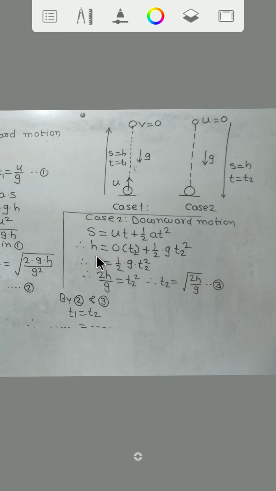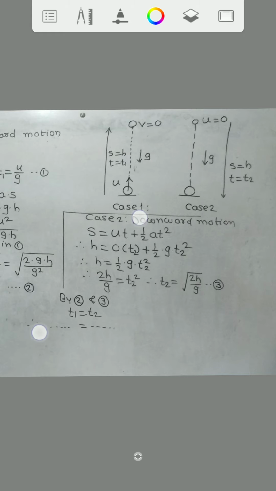Put these values, and we get h = ½gt2², where t2 is the time required to move downwards from the highest position to the ground. When we simplify, we get t2 = √(2h/g).